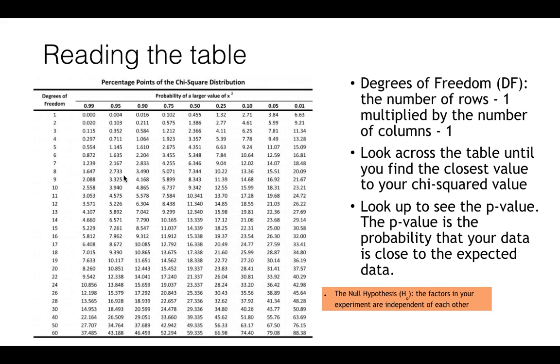So I'm going to go back to my table, find my degrees of freedom, 3, and I'm going to shimmy across like this until I get to the closest value to the one that I calculated, 0.05.